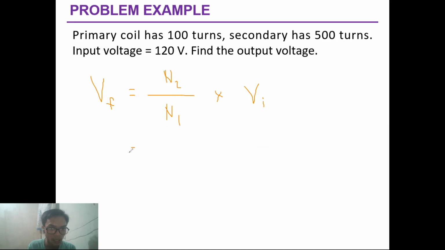Let's do the substitution of the values. We have 500 turns over 100 turns, multiplied by the 120 volt input voltage.